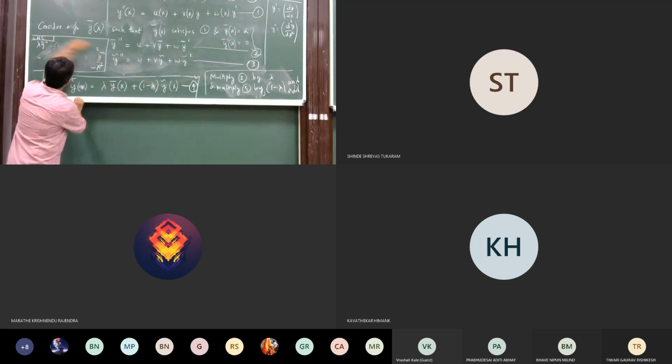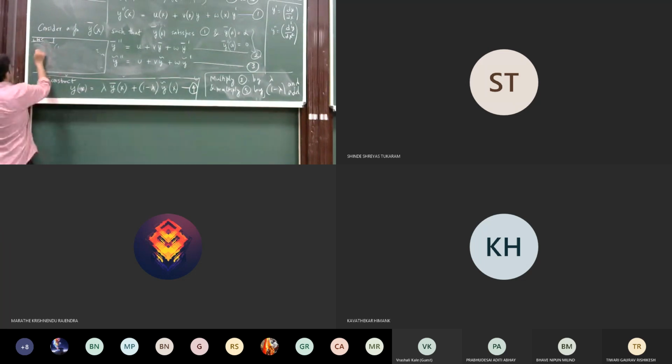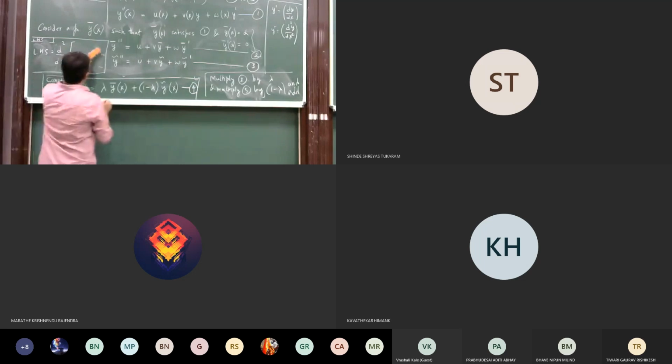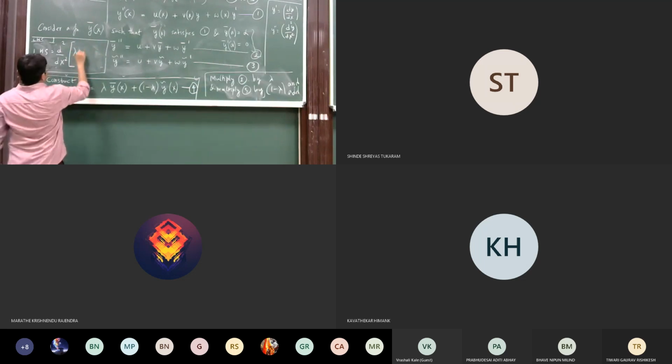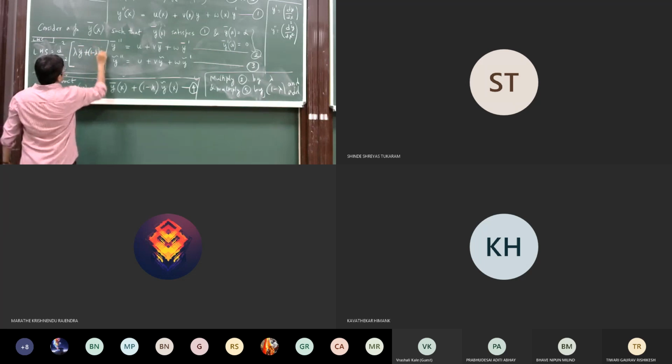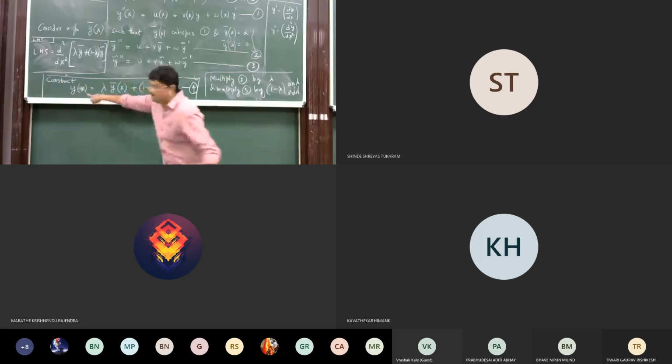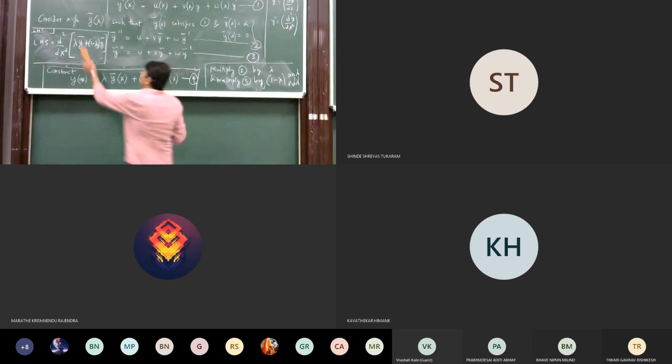So the next step is, the left-hand side is basically, you can take the derivatives outside, the two derivatives, and what you are left with inside is lambda times y bar plus 1 minus lambda times y tilde, and this whole quantity is nothing but whatever is the y of x.